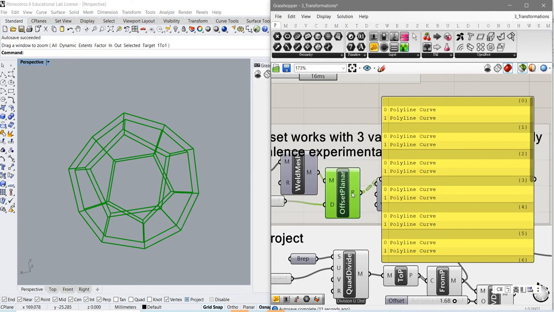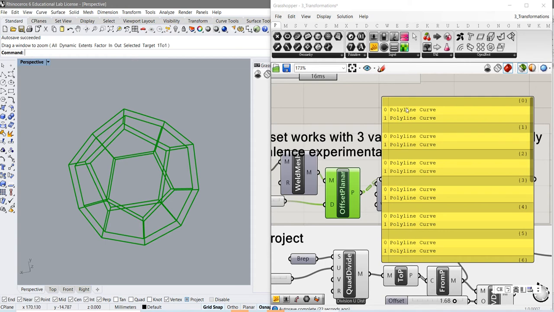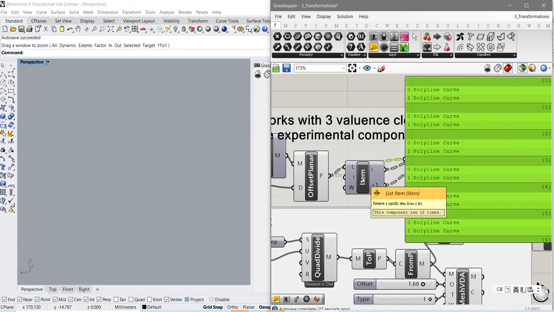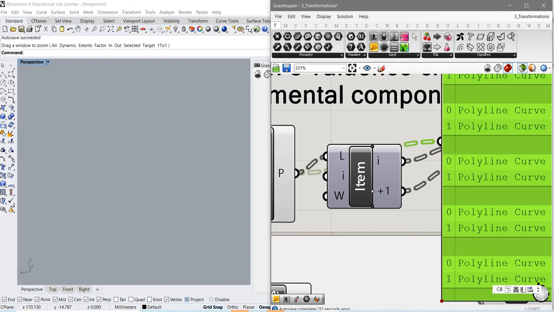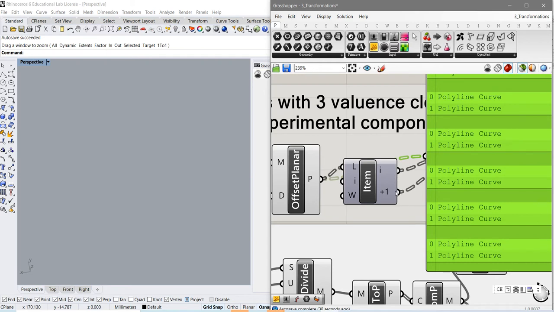And then the output of it organizes the polylines by matching each of these pentagons, and you put each pair of it in one branch. The important thing is that with this list item, you can have i and i plus 1. So then you create 2 outputs, each for one of the polylines in every pair.